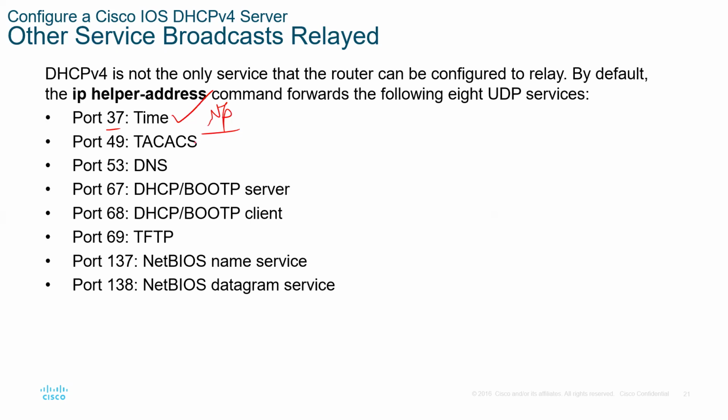TACACS, this is to do with authentication, authorization. I don't think it is accounting. Then DNS, we know this. DHCP, we know this. TFTP, we know this. NetBIOS, we no longer use that much. So basically, here we have the relay function not only being used for DHCP, but being very useful as well in some of those protocols highlighted.